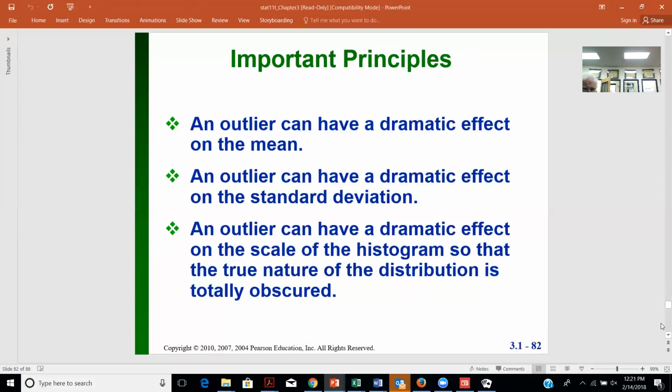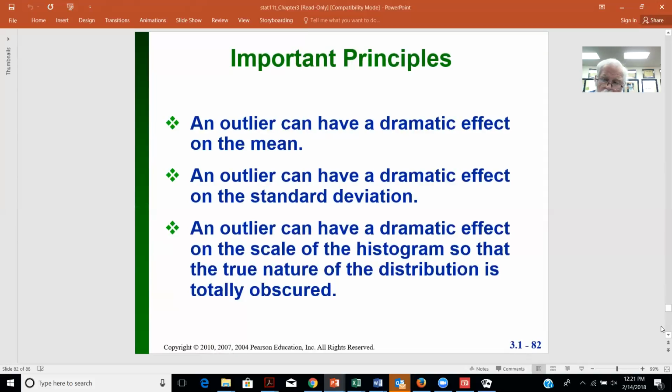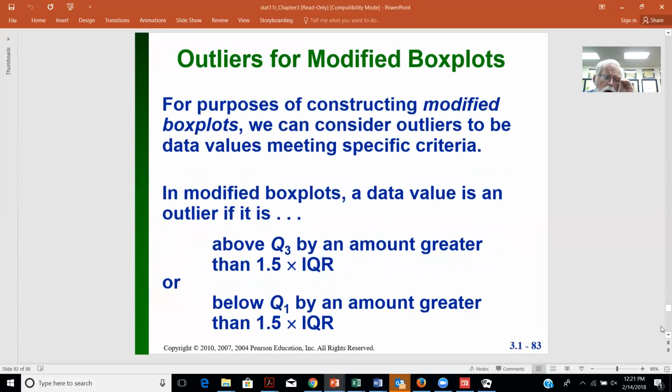It can also change the scale of a histogram, because we have to have all this stuff way out there. And as a histogram, we're going to end up with a bar that's very high if we're looking at salaries as being the number. Okay. So it can really skew that.